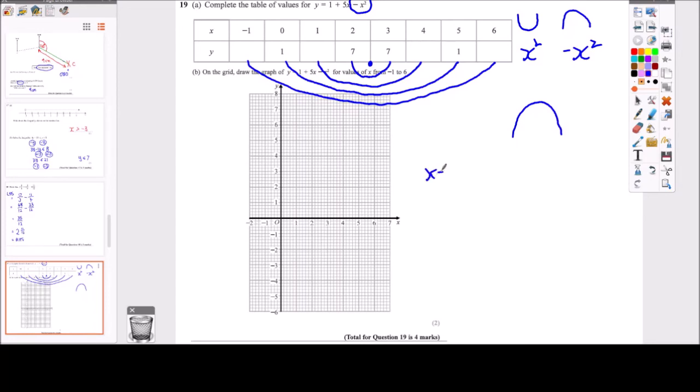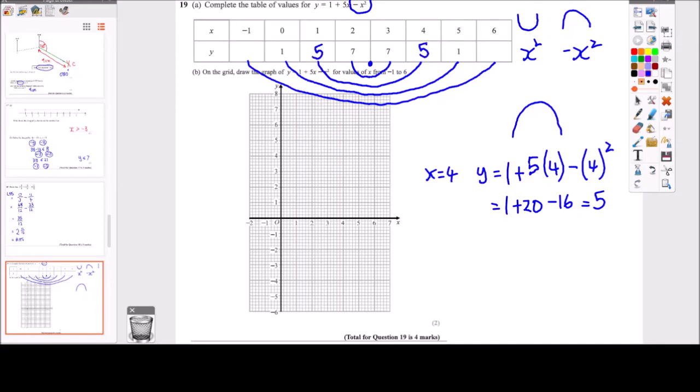So when x is 4, my y value is 1 plus 5 lots of 4, take away 4 squared. Okay, and that is going to be 1 plus 20, take away 16, which is 5. And as I said, because that's 5, that is also 5.